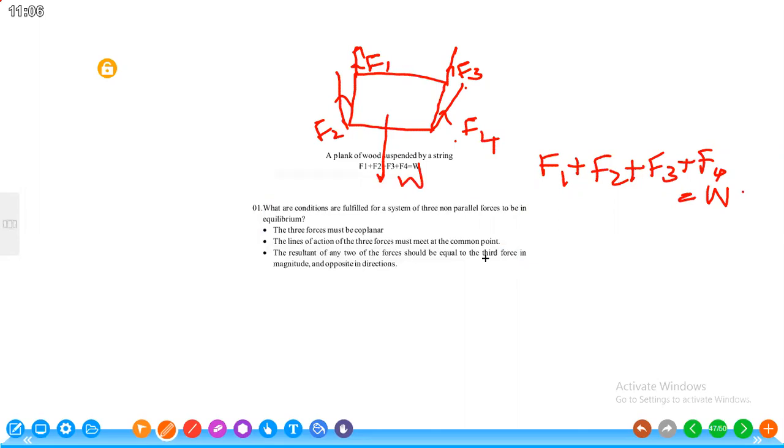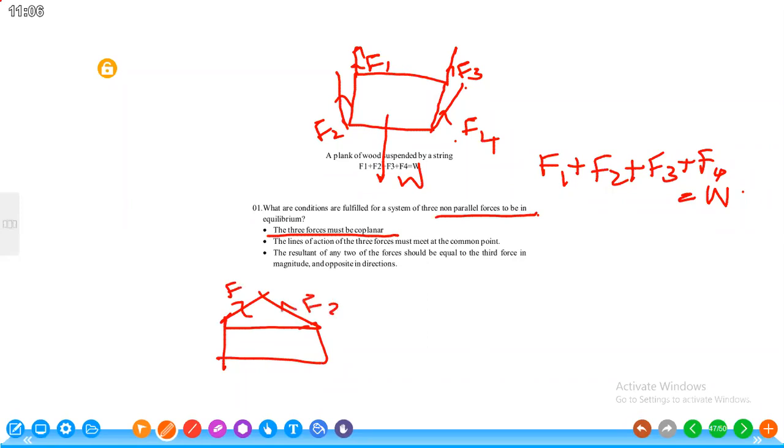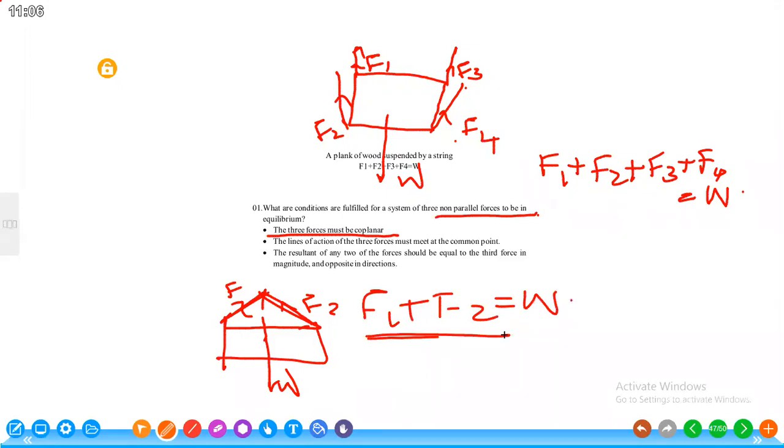Right. So what conditions are fulfilled for a system of three non-parallel forces to be in equilibrium? For non-parallel forces, the three forces must be coplanar, the first condition. Second condition, the lines of action of the three forces must meet at a common point, F1, F2. This is the weight of an object. Both meet at a common point. And third, the resultant of any two forces, F1 plus F2, should be equal to the third force in magnitude.